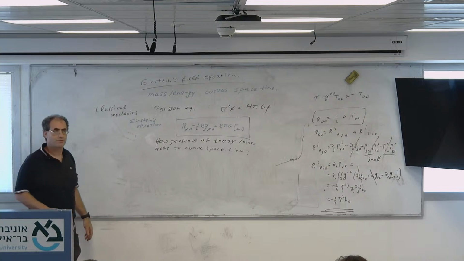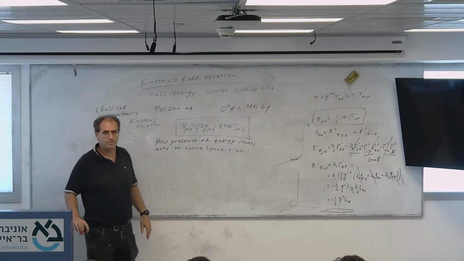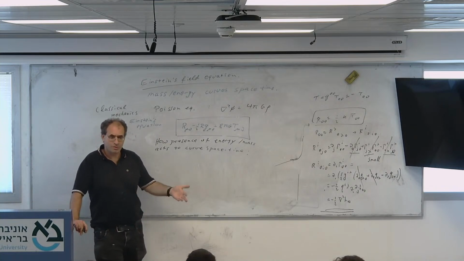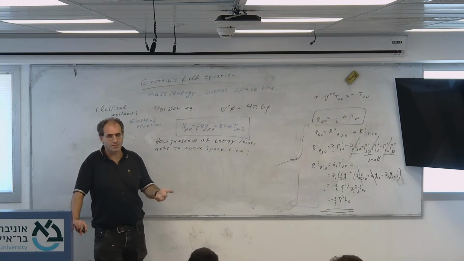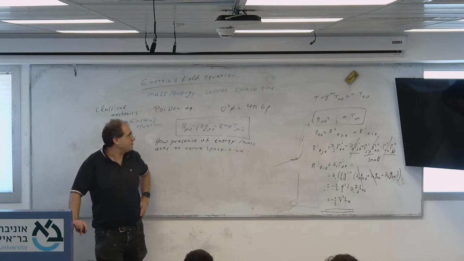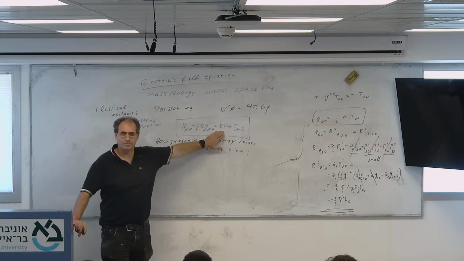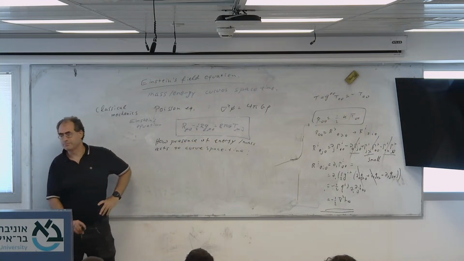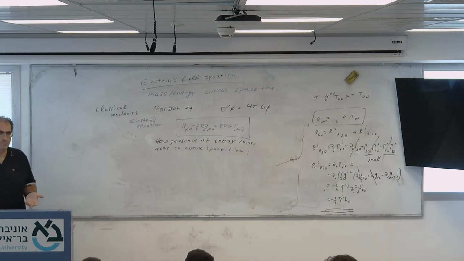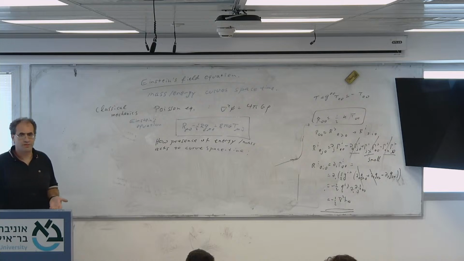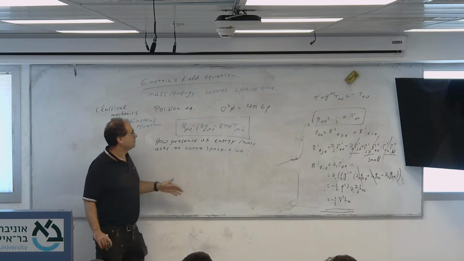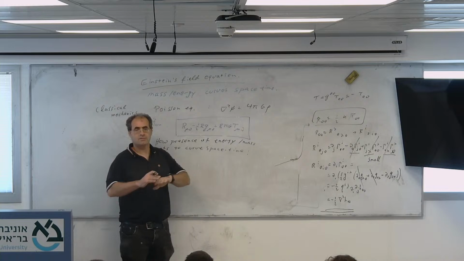Apparently there is another solution. There are more than one. Another solution which we'll discuss is called the Schwarzschild metric. It's also a solution for T mu nu equal to 0. Now there is another solution, where we're going to use some simplified assumptions: there is matter, but it's evenly distributed.